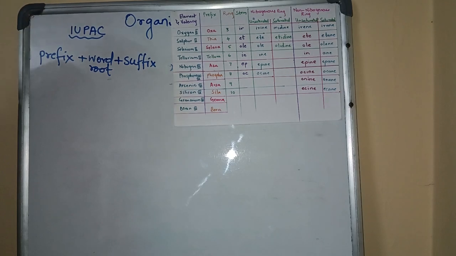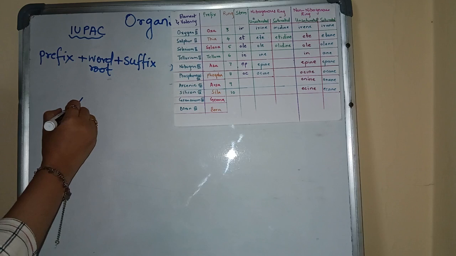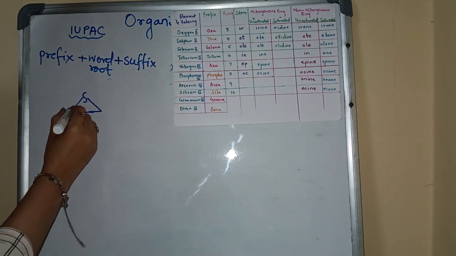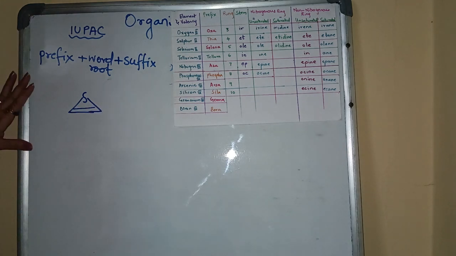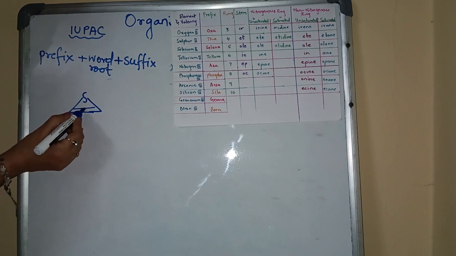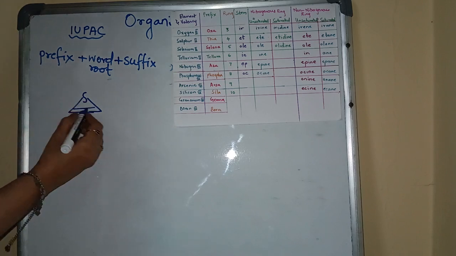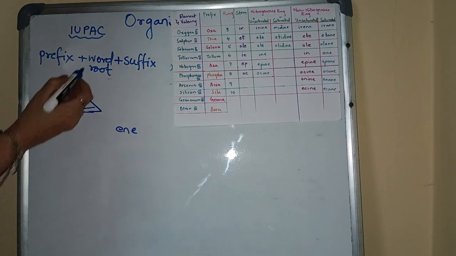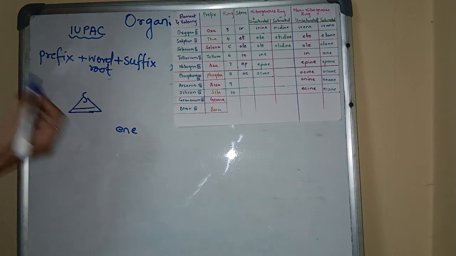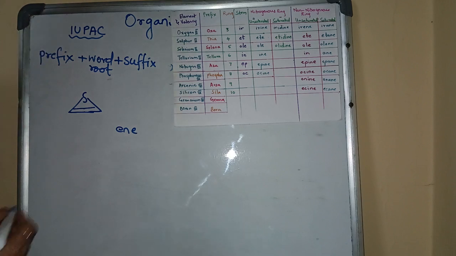Let us take an example of a 3-membered ring. This is a 3-membered ring. We know it contains a double bond, so definitely it is ene. It contains a 3-membered ring. According to the IUPAC naming system, a 3-membered ring means that it will have 3 carbon atoms.